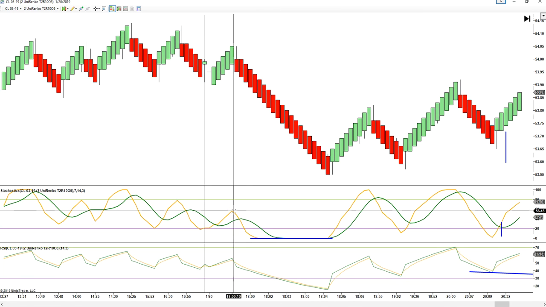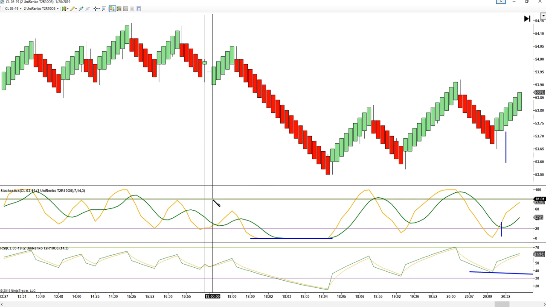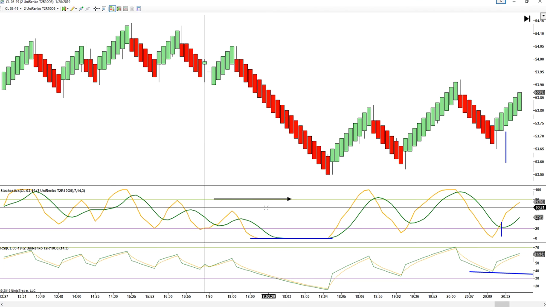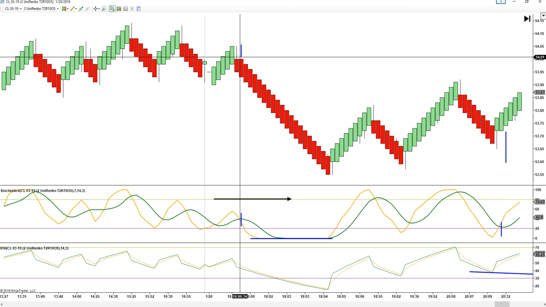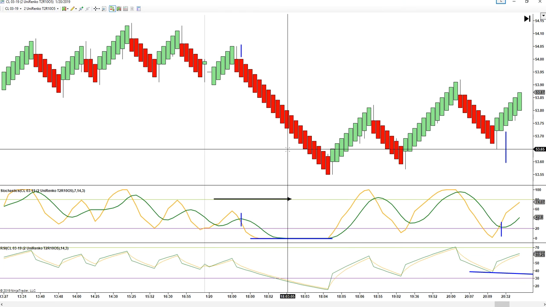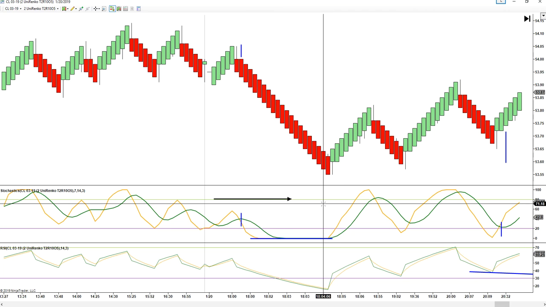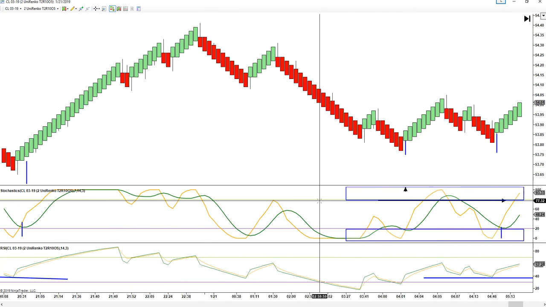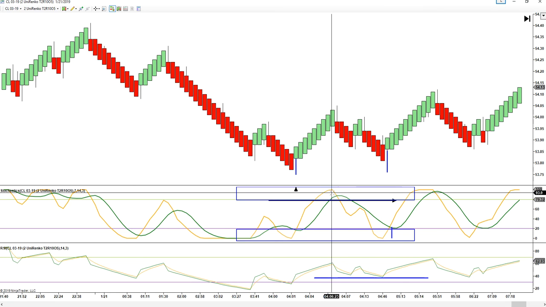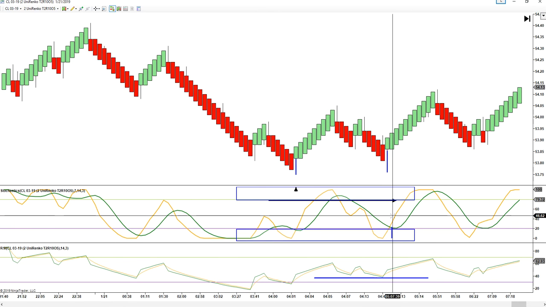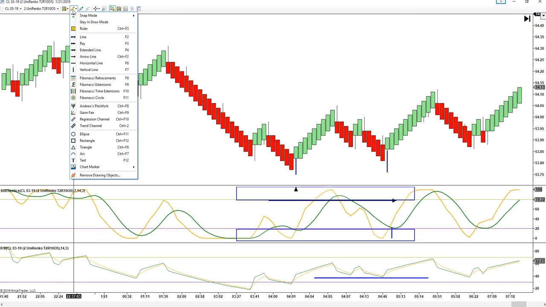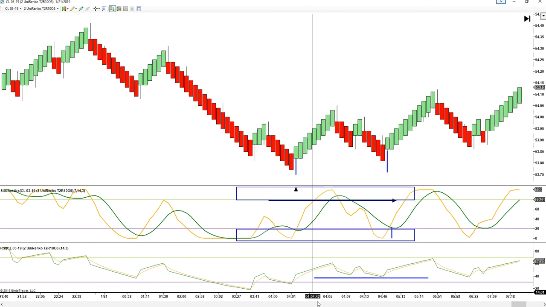Now you can see on this short move, you have no trade because the market didn't get overbought. So this cross here to take the short move here is just a no-go. So I hope that's really clear. We're looking for a cross down short in the overbought area, and we're looking for a cross of the oscillator line with the signal line up in the oversold area. And we're doing the same thing with RSI.